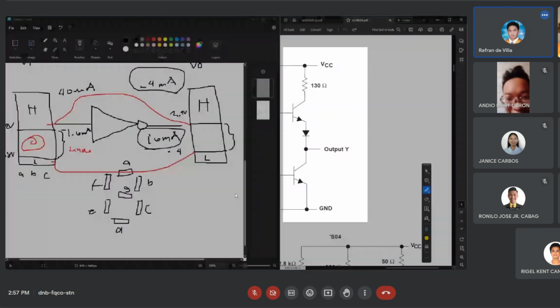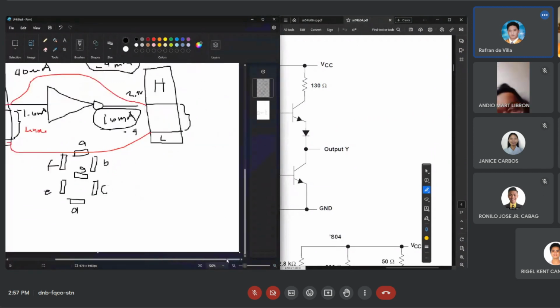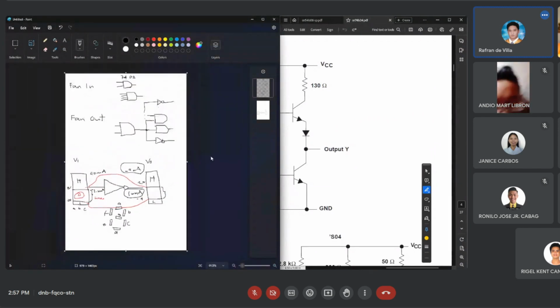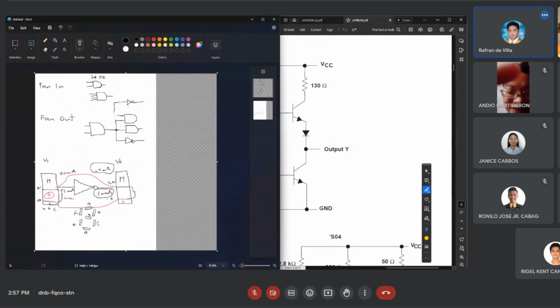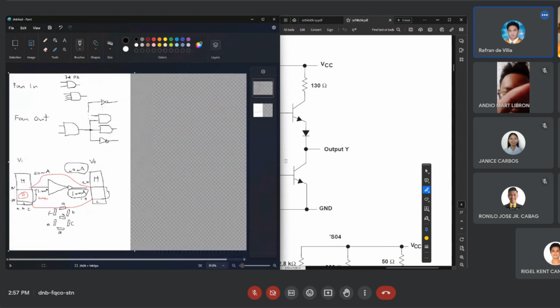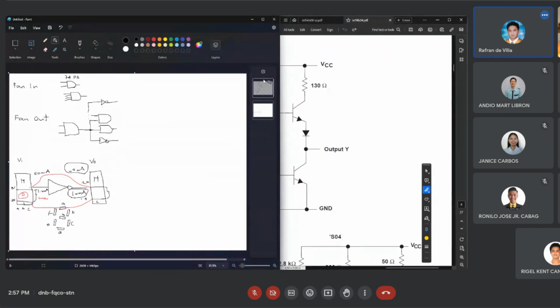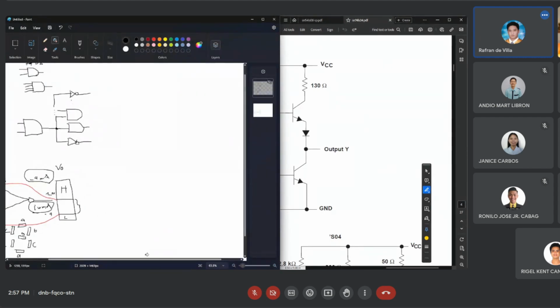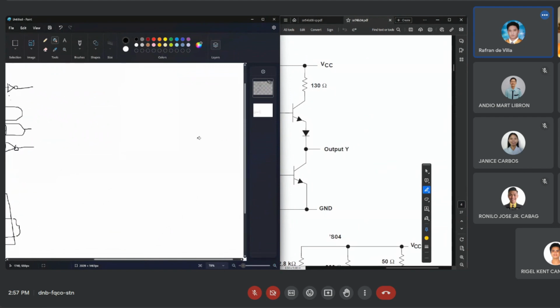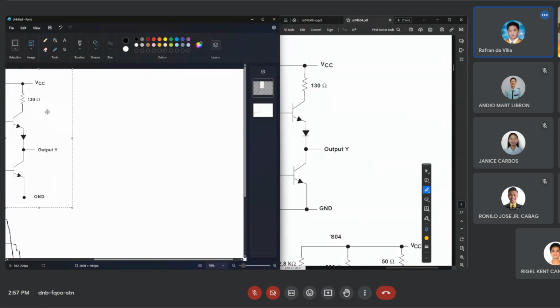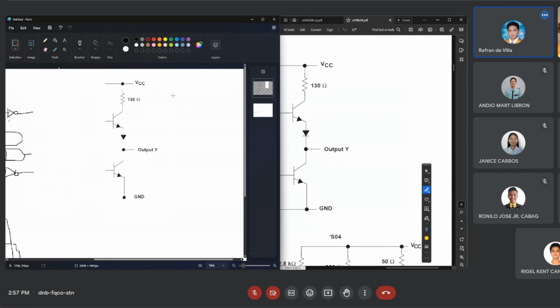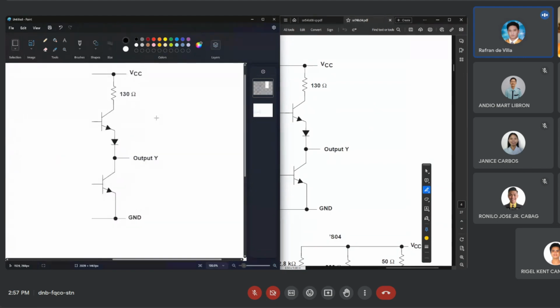Para makadrawing ka. So, ngani ang mahitabuan na guys. Okay?